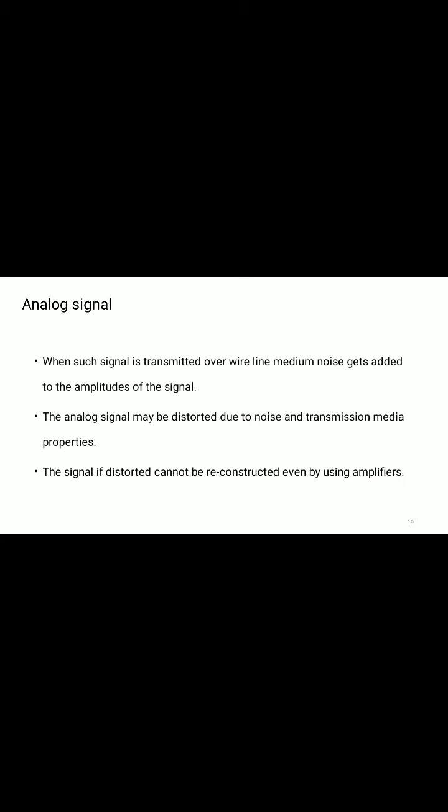When the sinusoidal signal is transmitted over a wire or any channel, noise may get added to the amplitude of the signal. So the analog signal may be distorted due to the noise and transmission media properties.